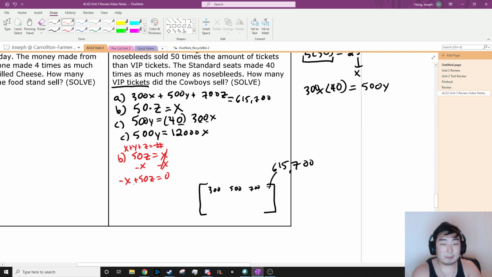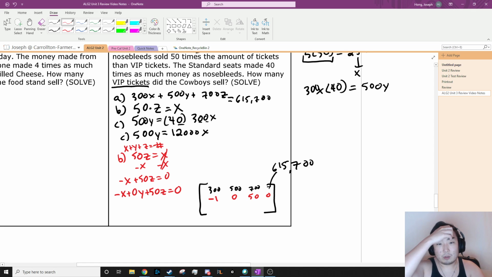But what's missing is my y, and I need to put a placeholder, as we learned in class, 0y. If I have no y's, I have 0 y's. So I pretty much just gave y a numerical value of 0. So now I can write my next equation, which is negative 1, 0, 50, 0. Nice.